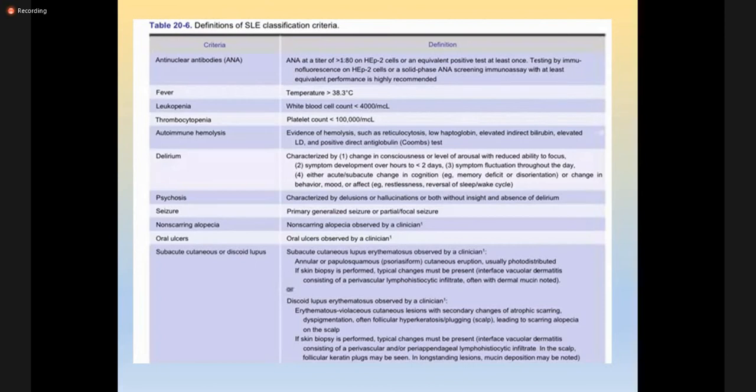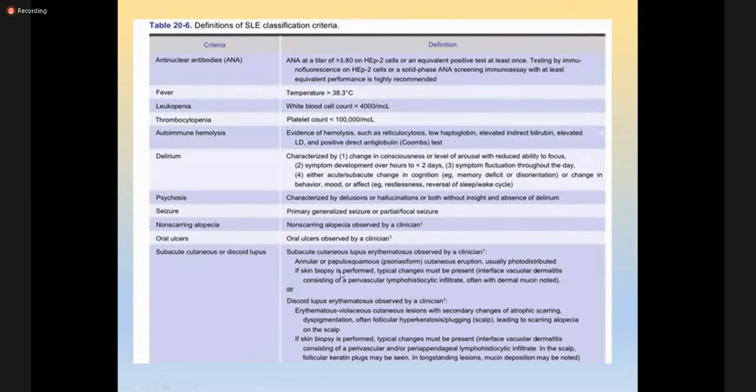Subacute cutaneous or discoid lupus, in which there is actually a variety in the skin. There are a variety of lesions that can come under the cover of SLE, but you need to remember only the most common one. The cutaneous lupus, in which there is papulosquamous cutaneous eruptions, usually in the photo-distributed, sun-exposed areas.